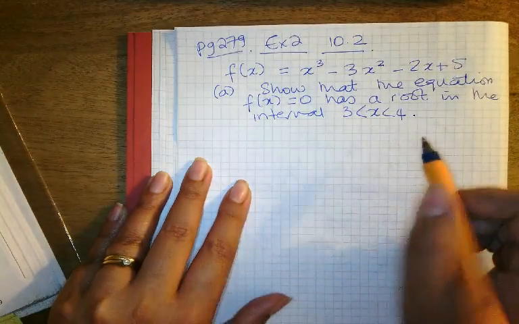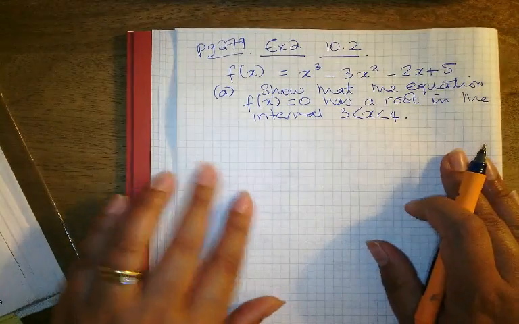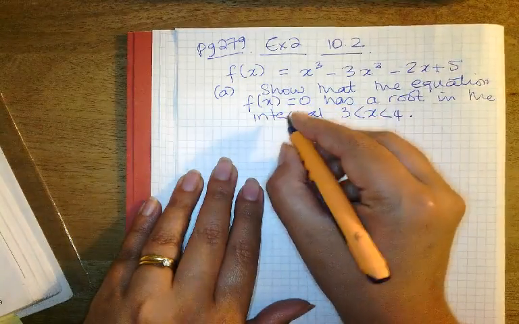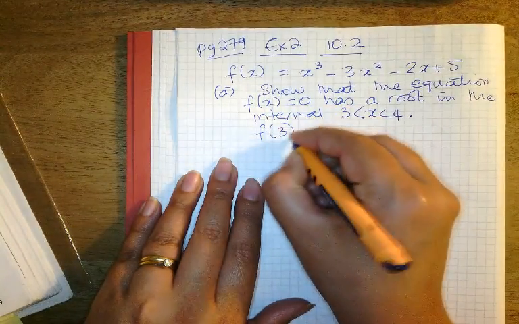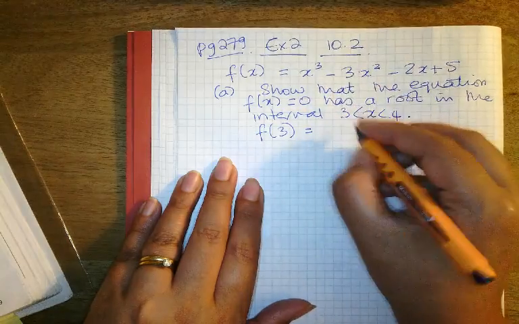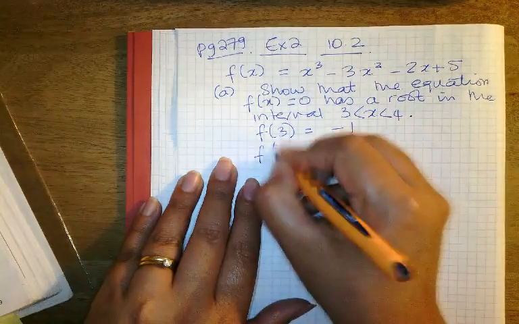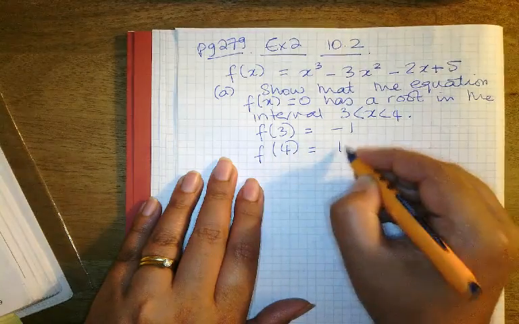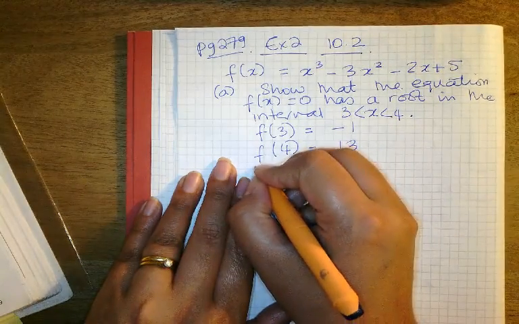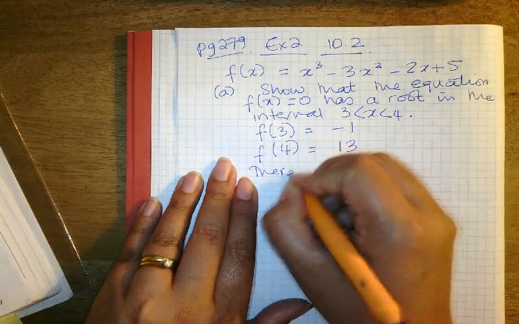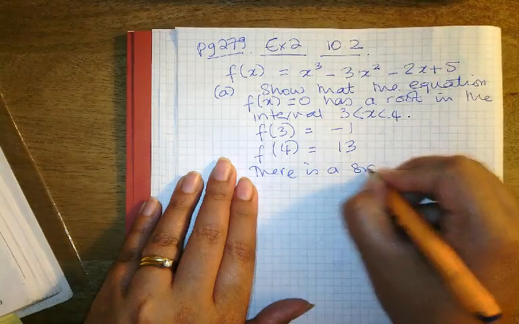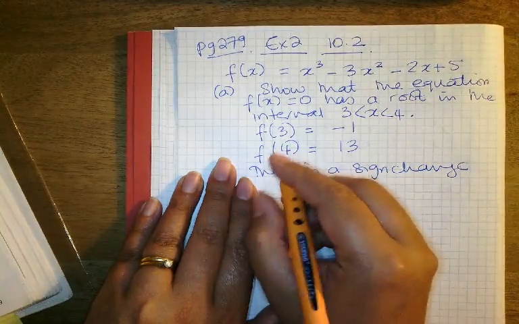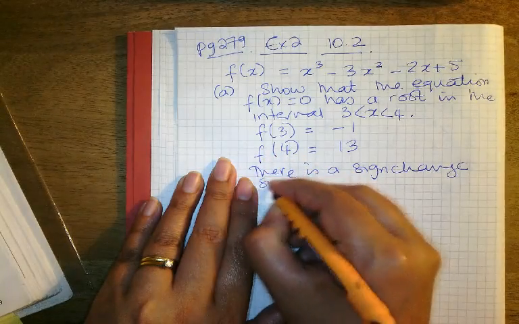So this goes back to locating roots, section 10.1, and what you're going to do is substitute 3 into this equation. You will get minus 1. You are going to substitute 4 into that function and you will get 13, and there is a sign change. Okay, so there is a root in this interval.